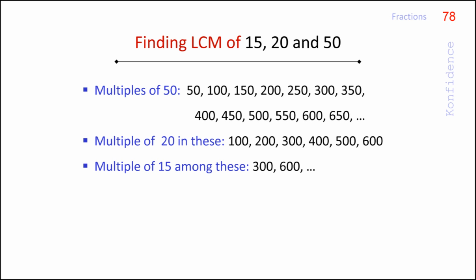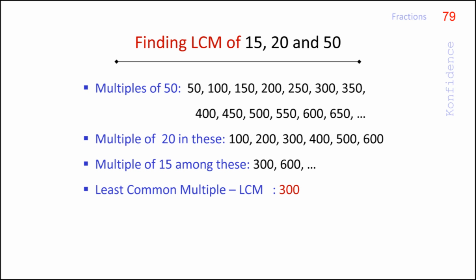Multiples of 100 are 100, 200, 300, 400, 500, 600, etc. 200 is not a multiple of 15. 300 is a multiple of 15. Thus, we find that 300 is the LCM of 15, 20, and 50.